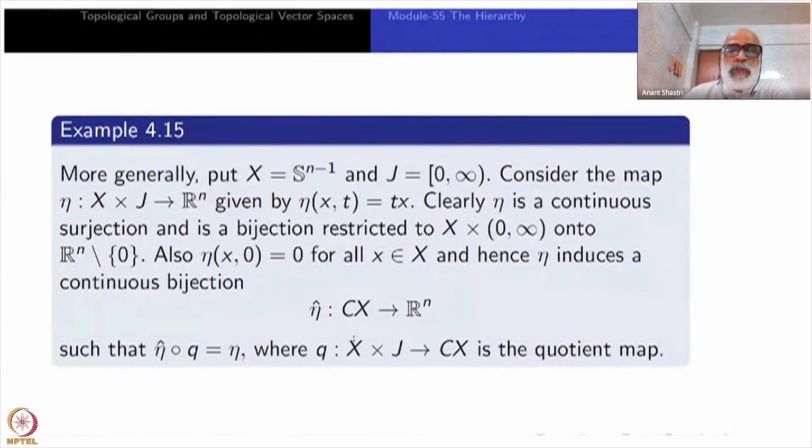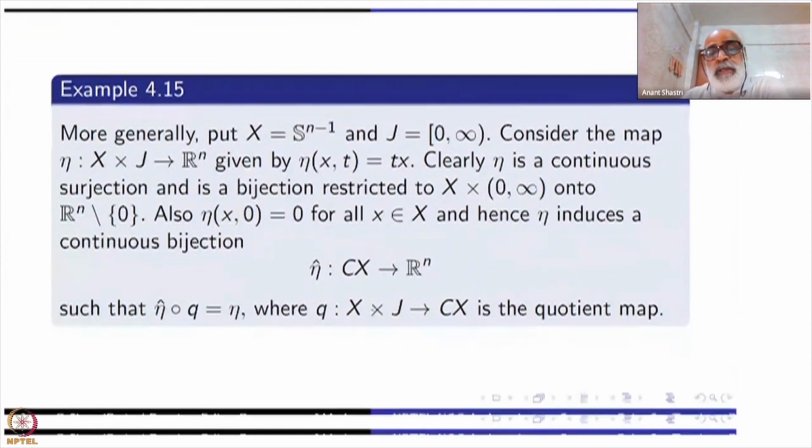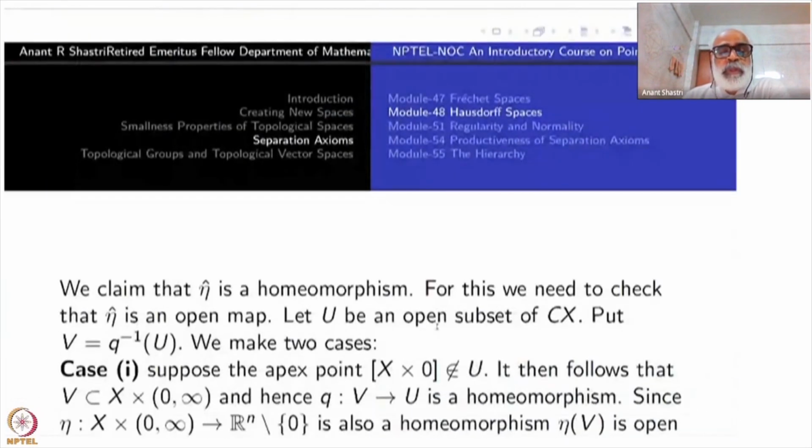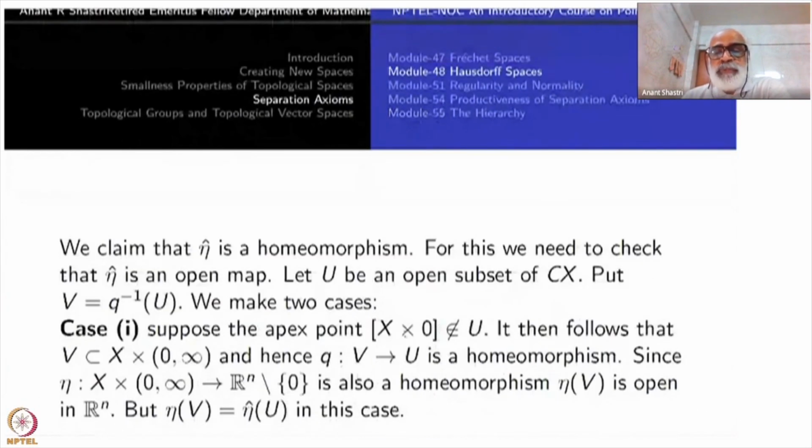So let us prove that rigorously once and for all so that you won't have any doubt left in your mind. We claim that eta hat is a homeomorphism. For this, we need to check eta hat is an open mapping or a closed mapping. Let U be an open subset of Cx.